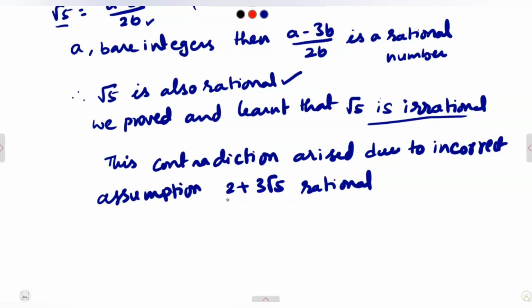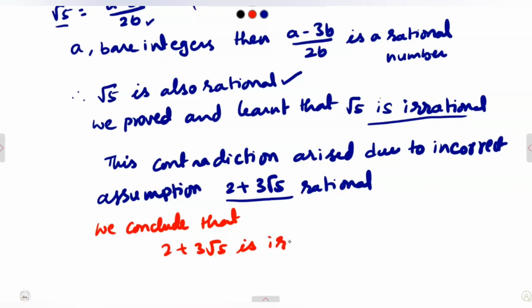So 2 plus 3 root 5 is not rational. Now you came to know that. So we conclude that 2 plus 3 root 5 is irrational.